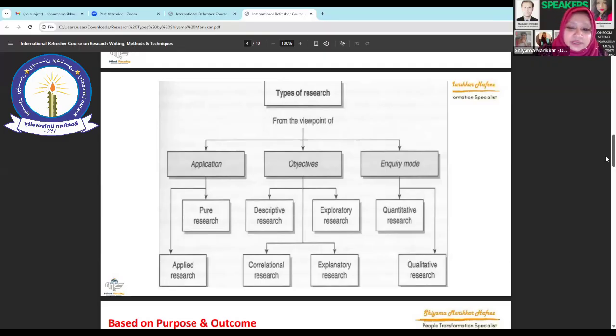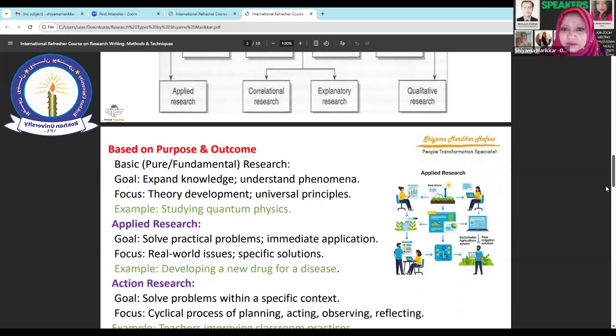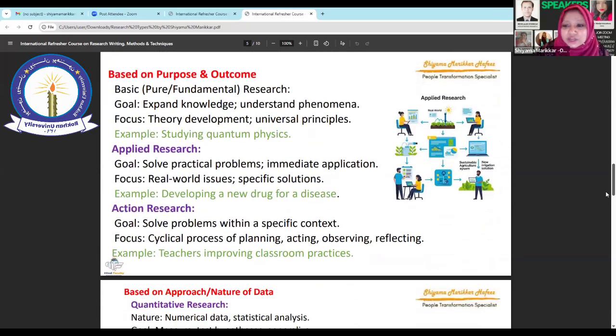Is it involved with numbers or statistics? Numbers and statistics means it would be quantitative research, and qualitative research would be about characteristics, if you are going to find out about characteristics of certain things. So let's look at each and everything: what is the definition, how we will explain them, how we can use it.